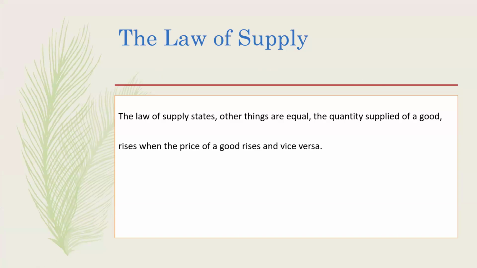Remember last week when we said in order for demand to rise, prices need to go down? Well, we have the opposite here for supply. For supply to increase, prices would have to go up. And if supply goes down, prices would also go down.